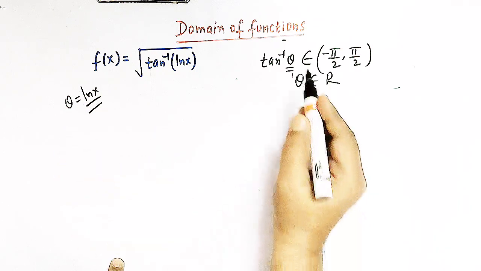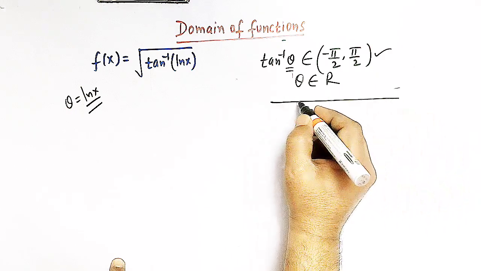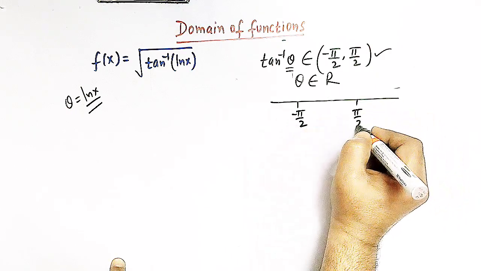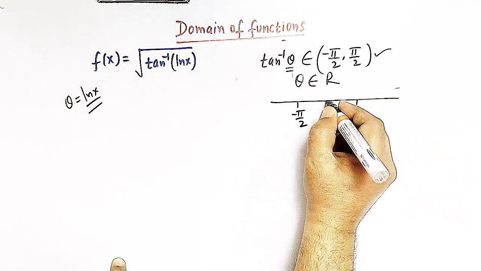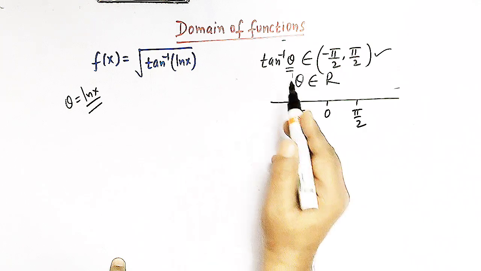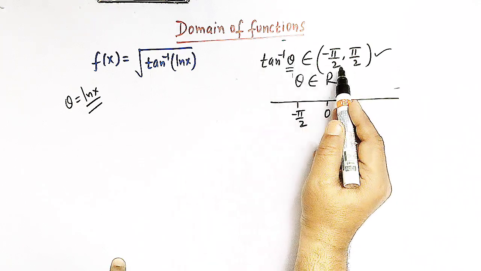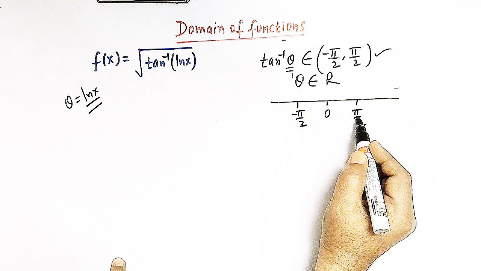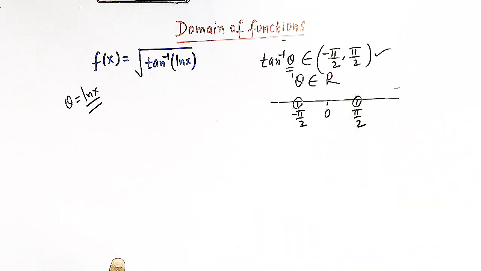Here we have minus pi by 2 and pi by 2, and between them we have 0. The range of tan inverse theta is from minus pi by 2 to pi by 2, and remember that these two endpoints are not included.